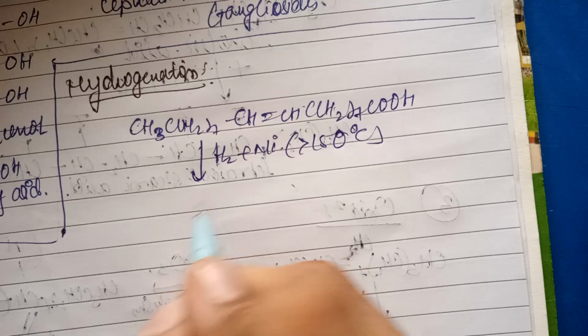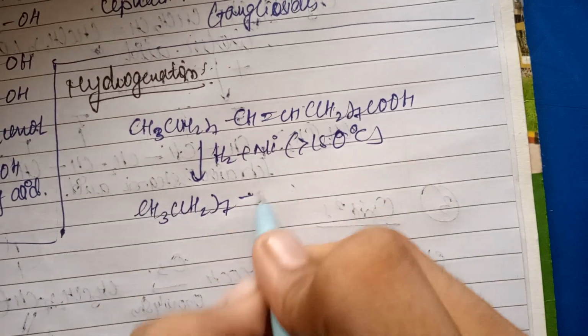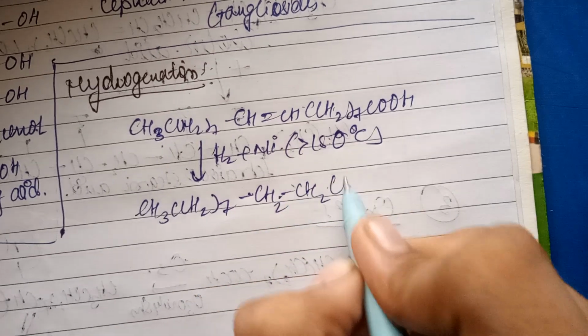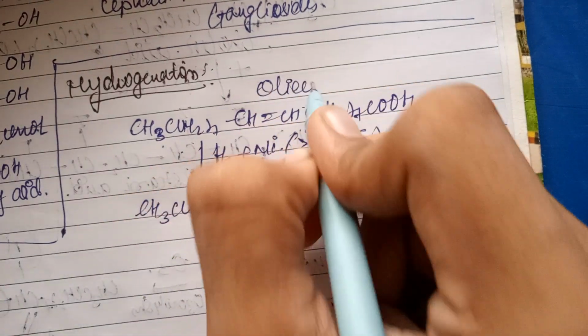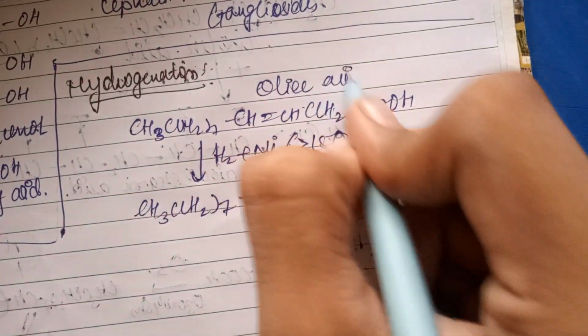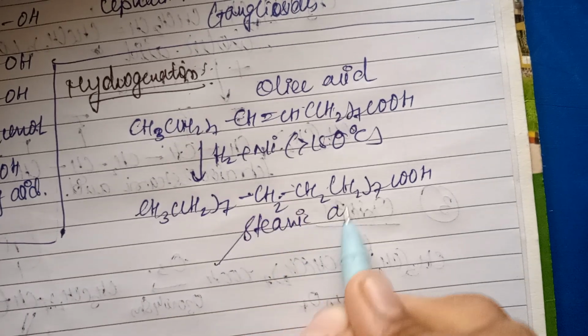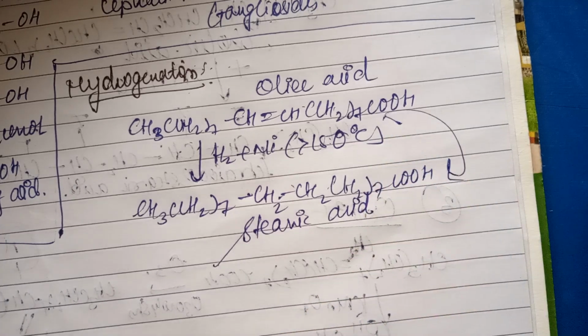So what we'll get here is CH3 (CH2)7 CH2, and another CH2 (CH2)7 COOH. So here we had oleic acid, and after the hydrogenation we got stearic acid. So basically, if this is oil, then it is converted into fat.